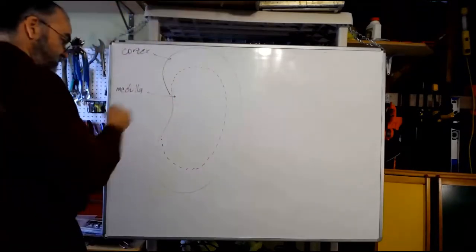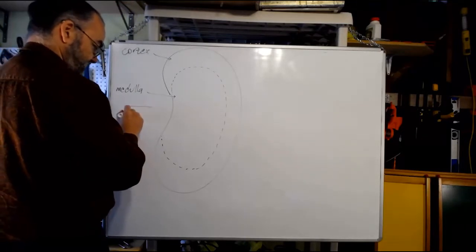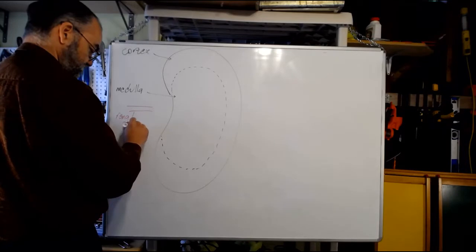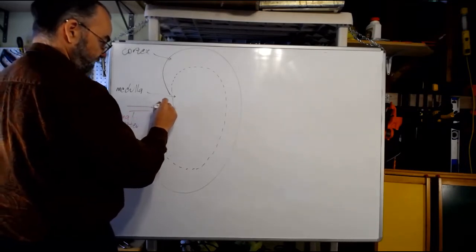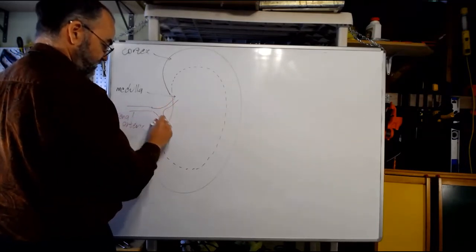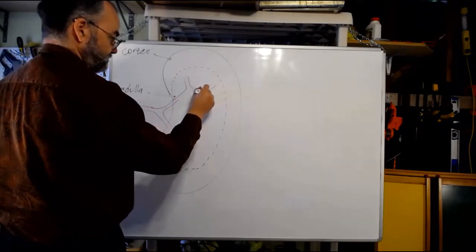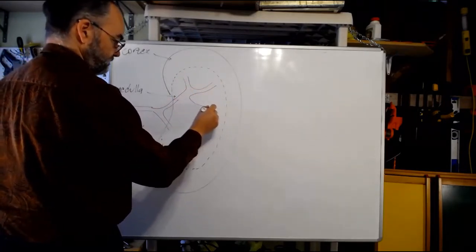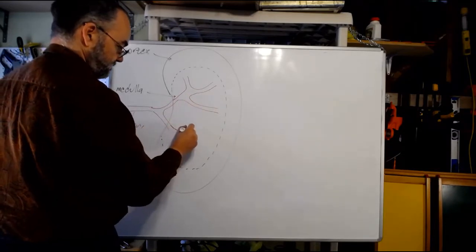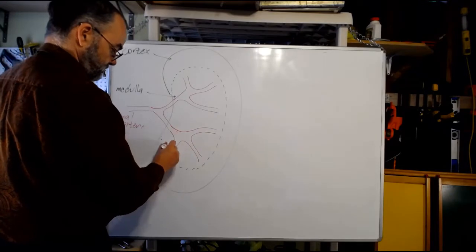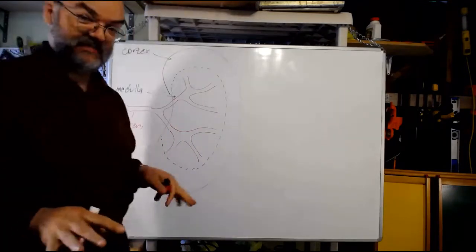So incoming blood on the renal artery, that incoming blood starts to split up into smaller arteries as it's coming in here. There actually is a distinct pattern, but this is not it.